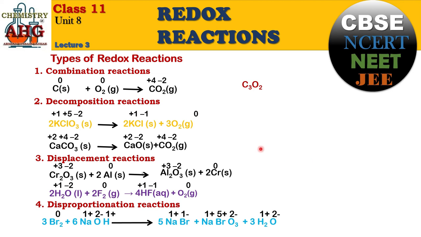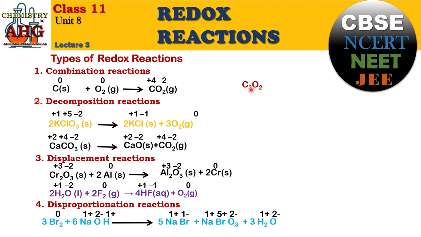If I ask you to find the oxidation state of each element in this case, what will you come to know? Oxygen, highly electronegative, you know its oxidation state would be negative. Negative how much? -2. And there are how many oxygens? -2 into 2, -4. So oxygen has a total oxidation state of -4.